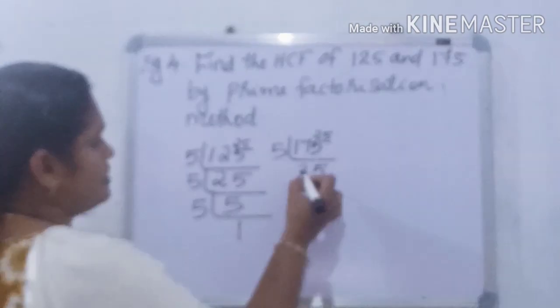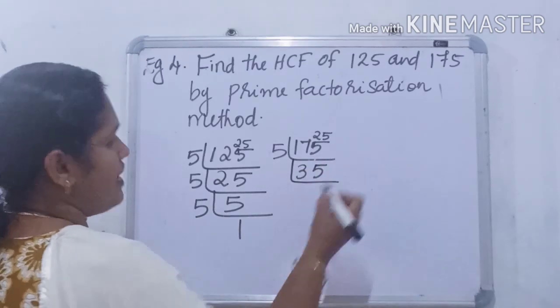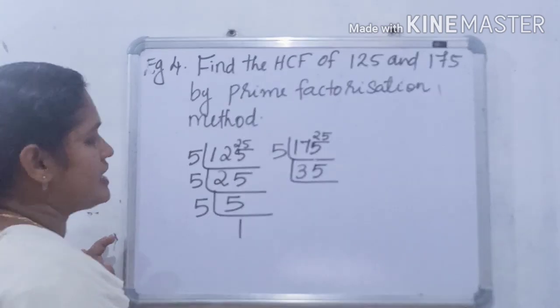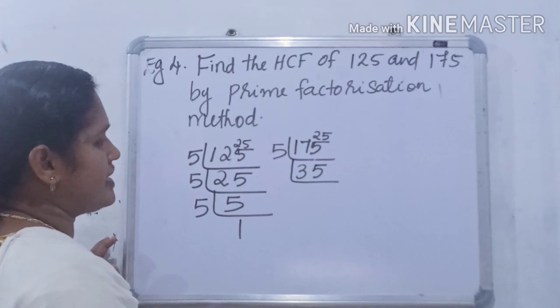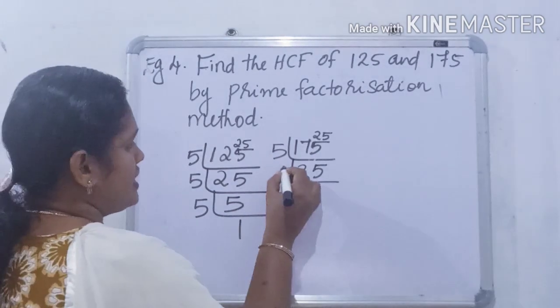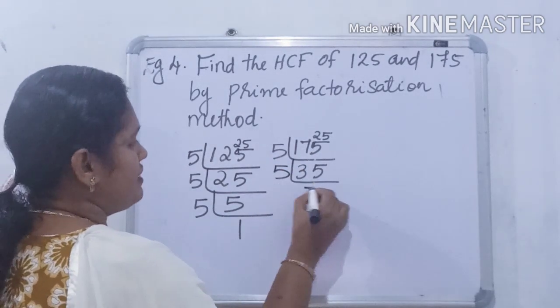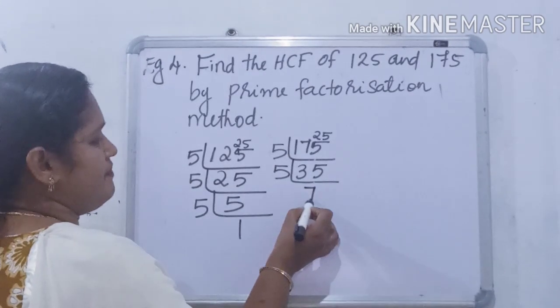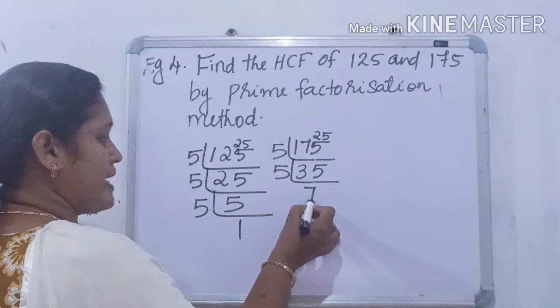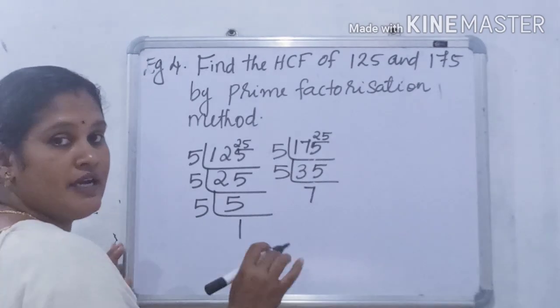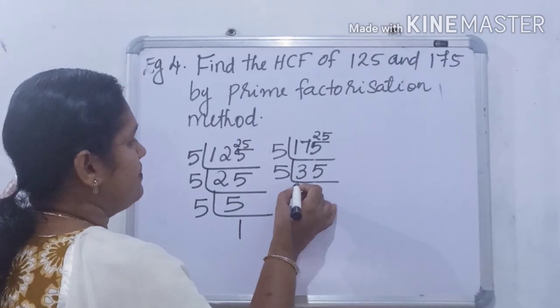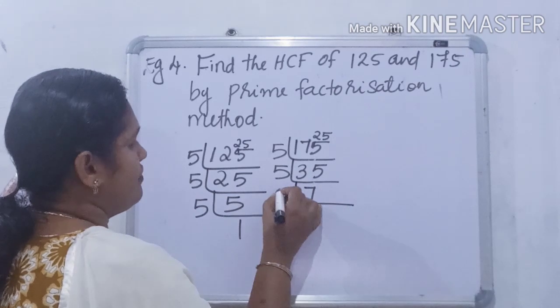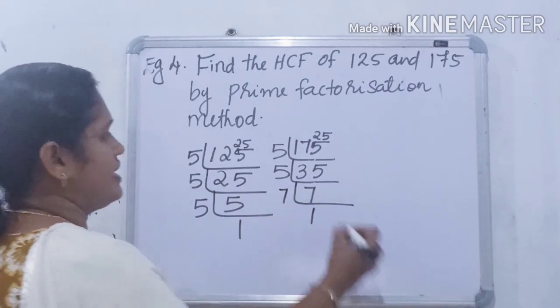So here we have 35. In 35 how many 5's are there? We can divide it by 5. 7 5's are 35. Here 7 is an odd prime number. It is divisible by 7 only. So we can divide it by 7 one time.